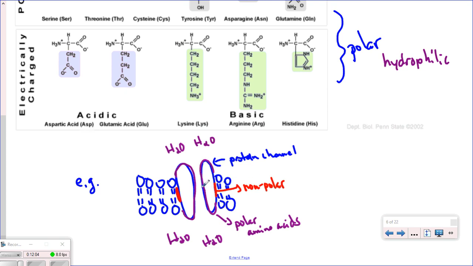And then we'll talk about it later in the video, but this protein channel is going to be a three-dimensional structure, so there's going to be amino acids even on the inside of this protein channel, and those amino acids will tend to be non-polar amino acids as well. But using polar and non-polar amino acids, categorizing them in that manner, we can predict where they will be found within a protein. And so you do not need to know which amino acids are polar or non-polar, but just simply that amino acids can be polar or non-polar.